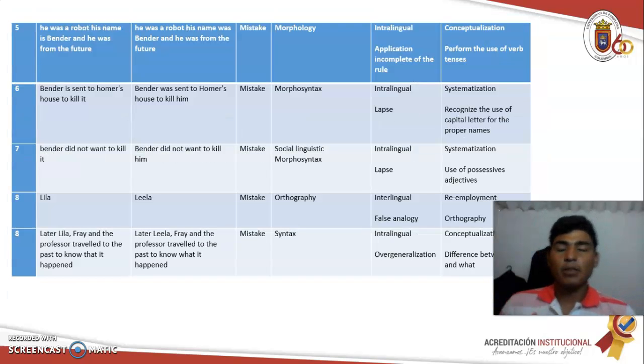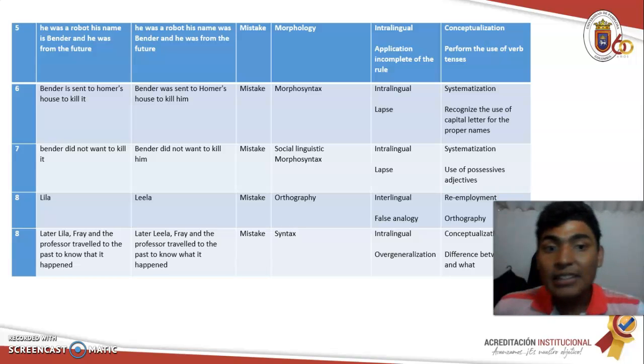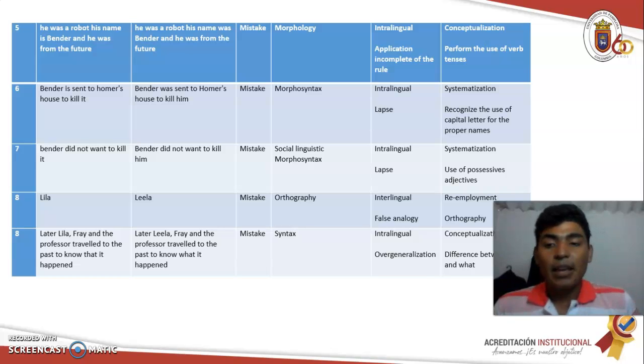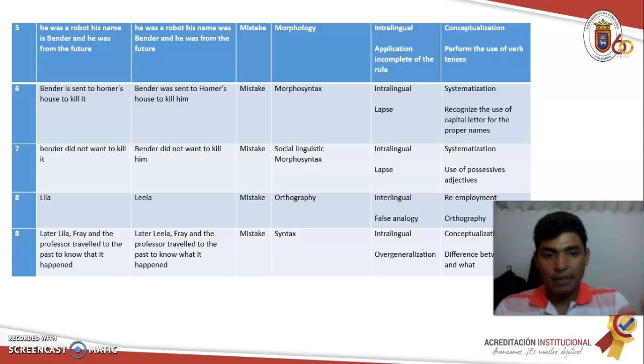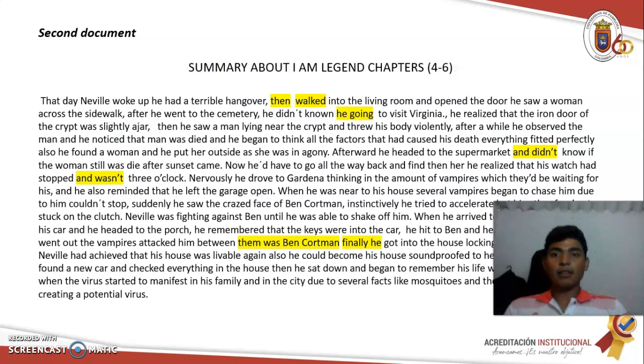Let's do an exercise in order to recognize the use of capital letters and the use of possessive adjectives, because "it" does not have the same meaning as "him". So "it" is a thing and "him" a person. So let's take into account that part. Let's move on to the second document.